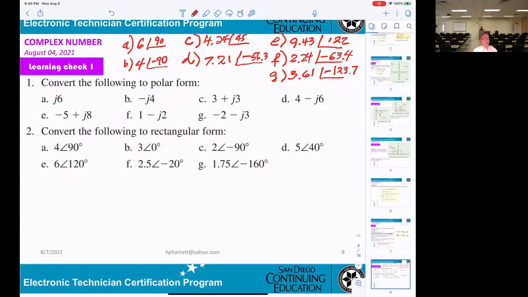Okay, now go ahead and try to finish number 2. They want converting to rectangular form. The reason why I want you to do this is that the rest of solving RC, RCL parallel and series circuitry will be using converting from polar to rectangular all the time.